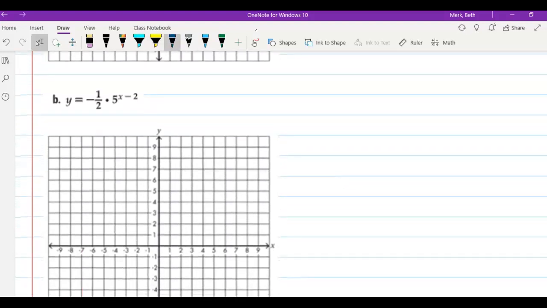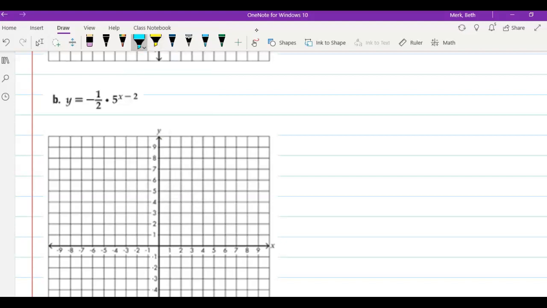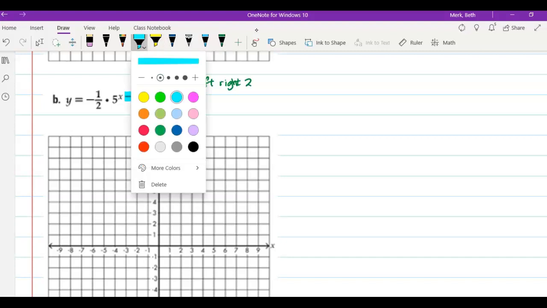We won't graph this one, but let's address all of the little changes that happened here. We are subtracting a number from x. That's going to cause a horizontal shift, opposite of what you'd think. It goes right 2. We also have something else happening here.